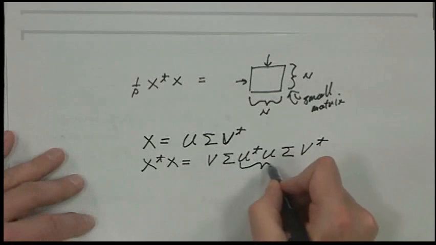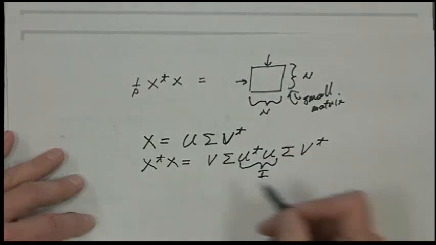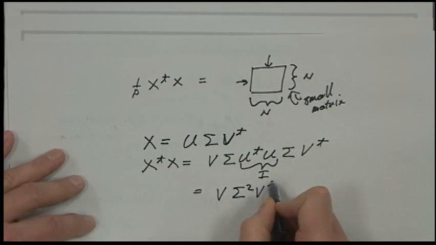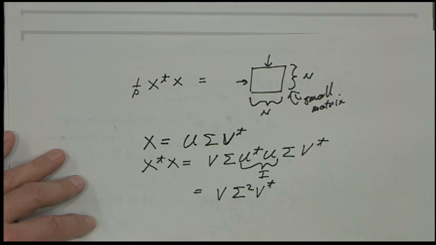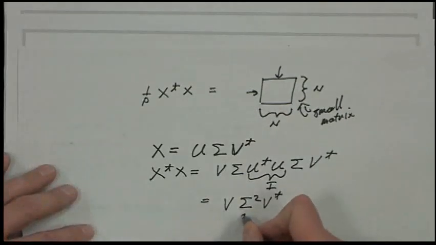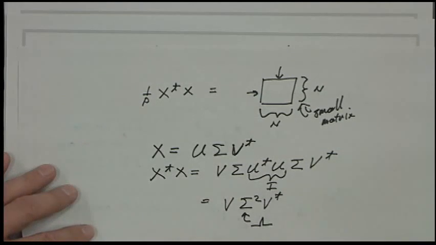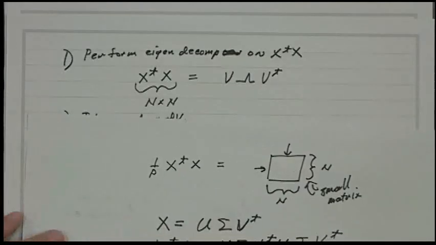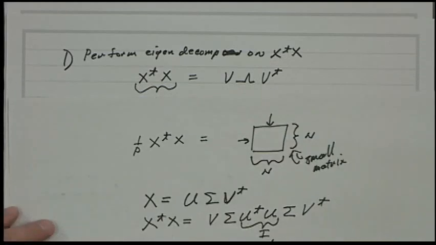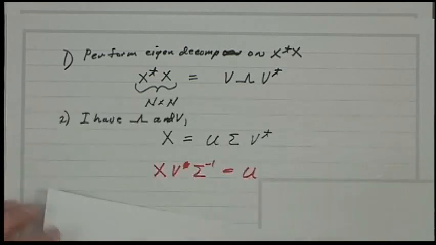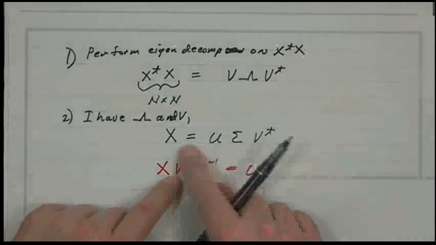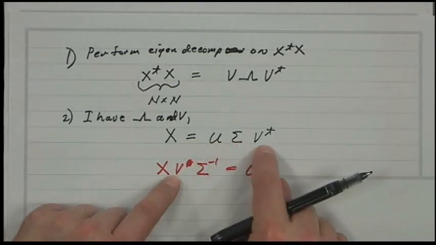So this cancels, that's I. So this is equal to V sigma squared V transpose, and this thing here is lambda, the eigendecomposition. So if we have lambda here, from lambda we have that X is U sigma V transpose.